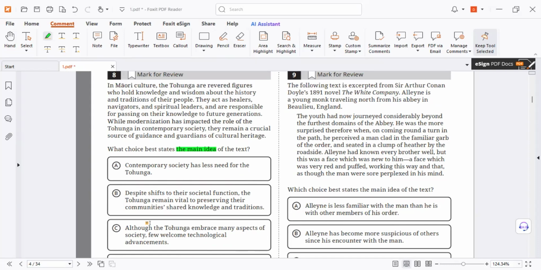I think letter B. So letter B is correct. It's mentioned in the last sentence. That is right. So here we have a comparison, while, but they remain crucial. So despite the shift, they remain vital. Correct.